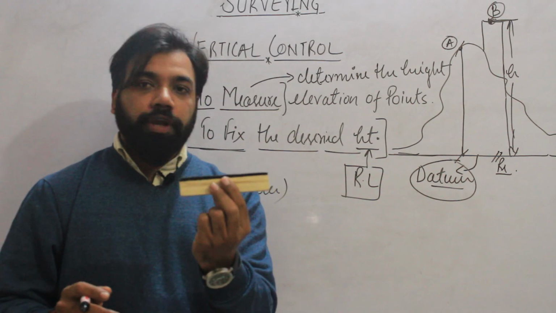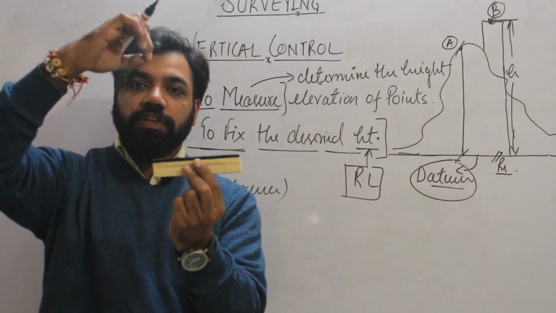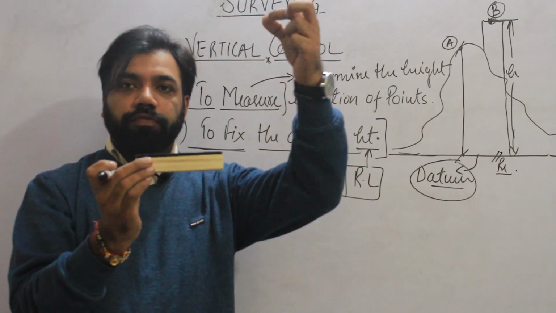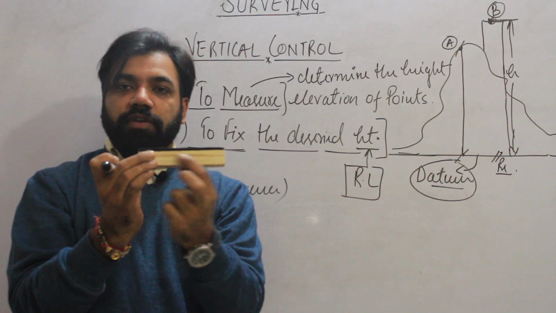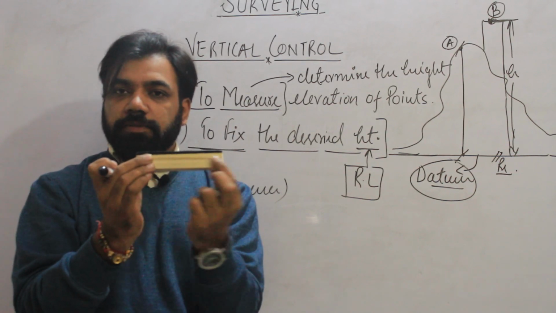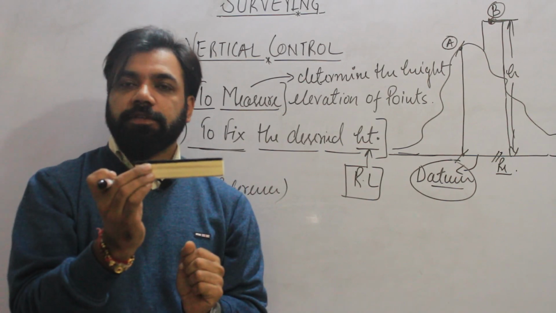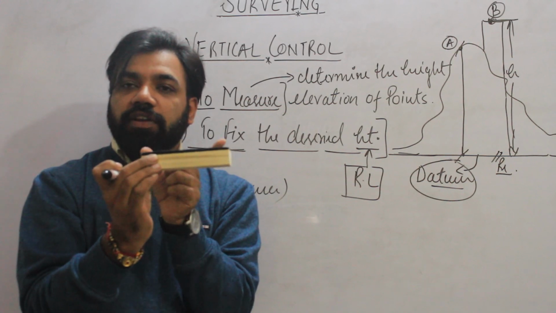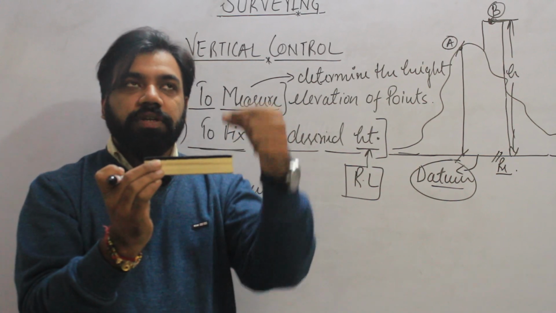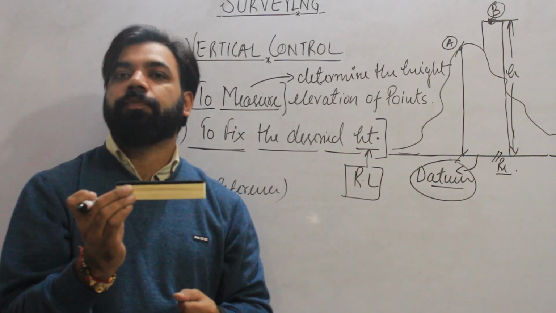Suppose if I want to measure the height of this point and the height of this point, these 2 points are taken with the reference level of this because it is a very short distance. So we can take a certain line as a reference or datum to measure the height of this point or the height of this point.